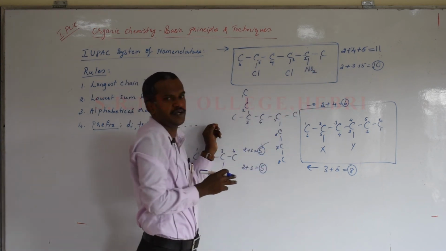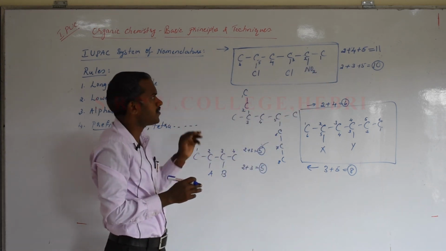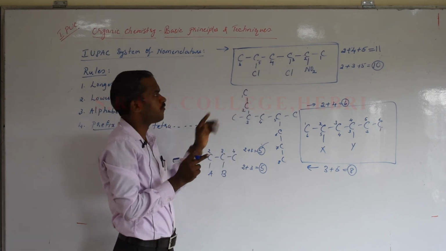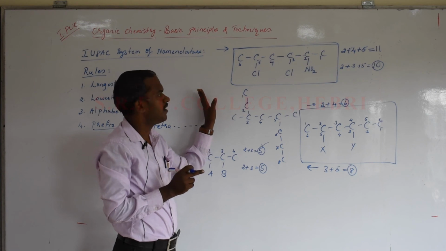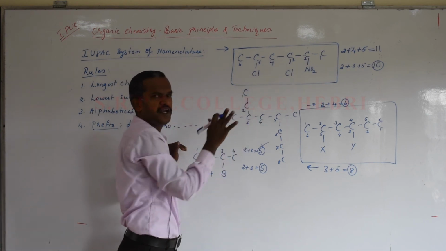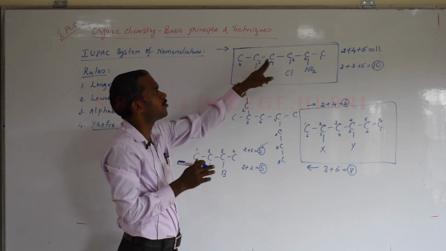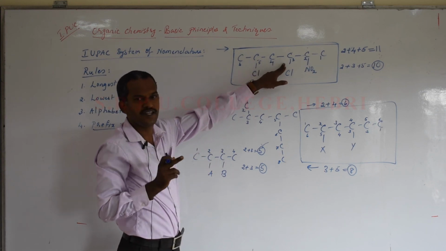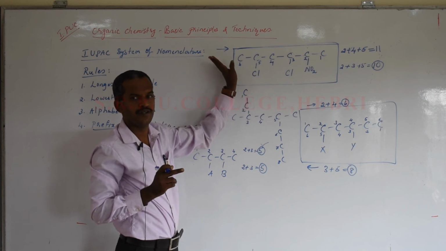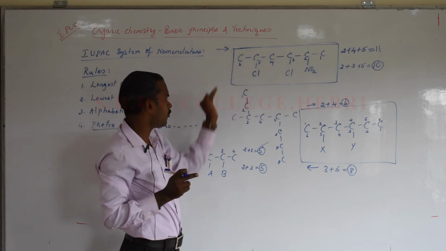I told you 2-3 examples there, you understood. Rule number 3, if more than one substituent is present, we have to follow alphabetical order. And the fourth one, if the same substituent repeats wherever it is present, then we have to use the prefixes like di, tri, tetra, etc. So that is easy about the 4 rules.